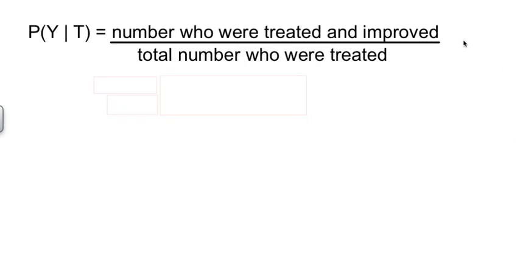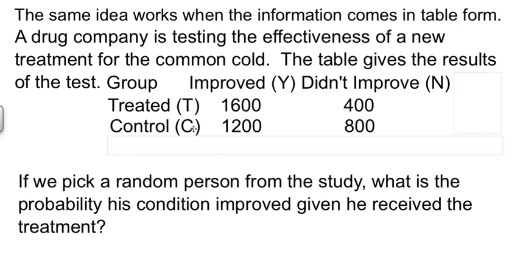So what they're asking me is the number of people who were treated and improved out of the total number of people treated. There were 1,600 people that were treated and improved. I'm going to jump back and show you. Treated people who improved, 1,600.